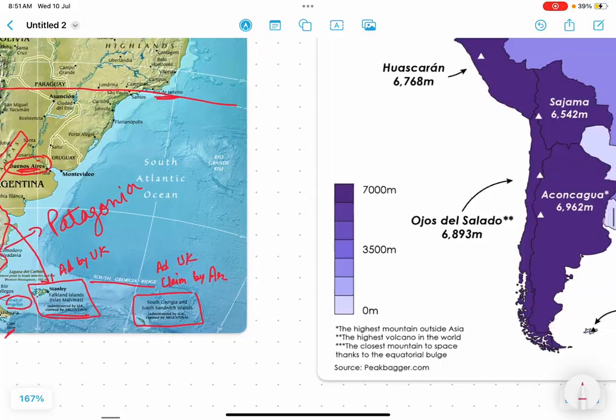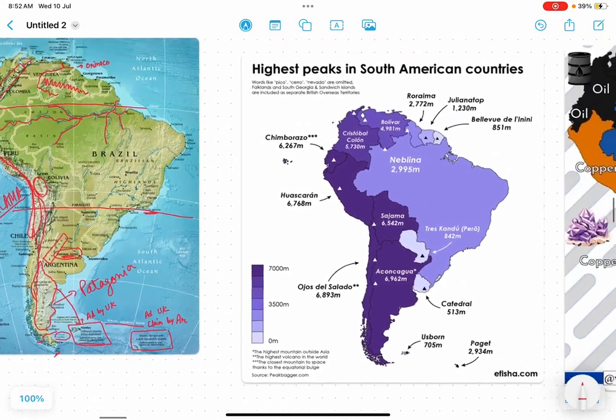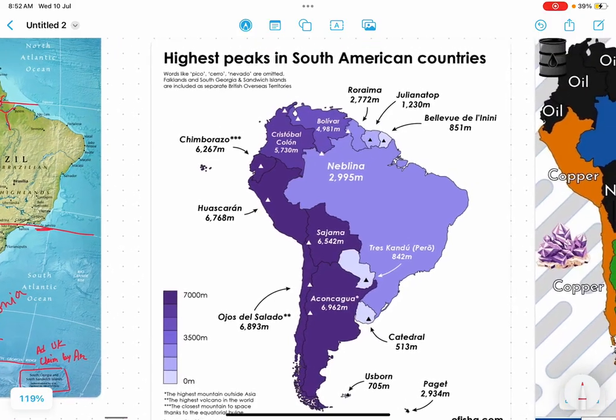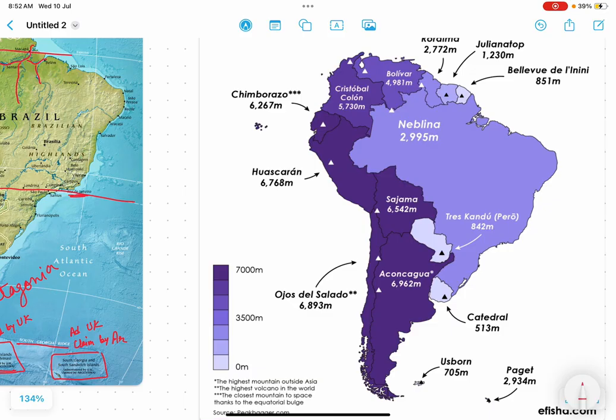The next map is of the highest peaks in South American countries. The highest peak in South America is Aconcagua, right here in Argentina. You can see it is here.